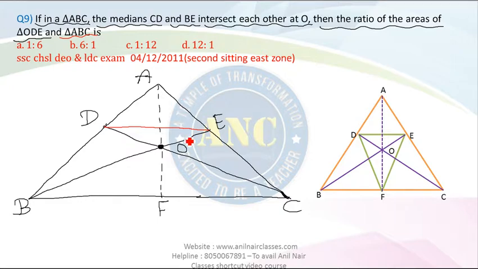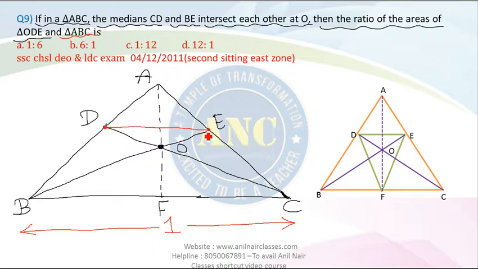Now for my simplification purpose, I will consider the triangle to be an equilateral triangle. Now what I will do is this entire BC value, if I call it 1 unit, then this DE is nothing but perpendicular to BC.